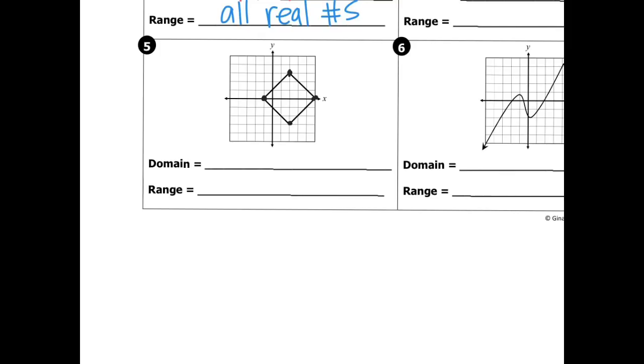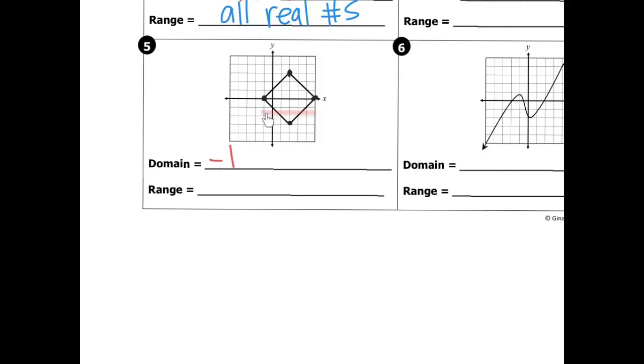Along the x-axis, I see that the dot that is furthest most left starts here, and then we move all the way here. The value of this dot is over negative 1. So my work in my domain begins at negative 1.